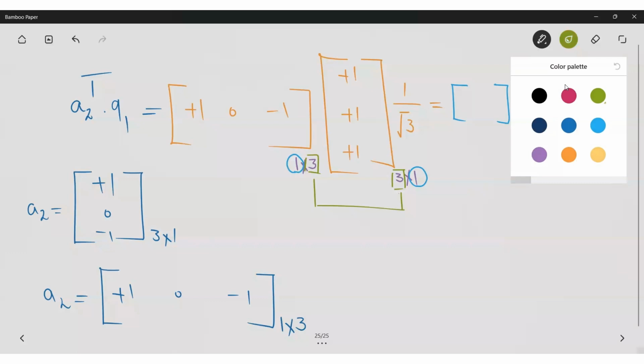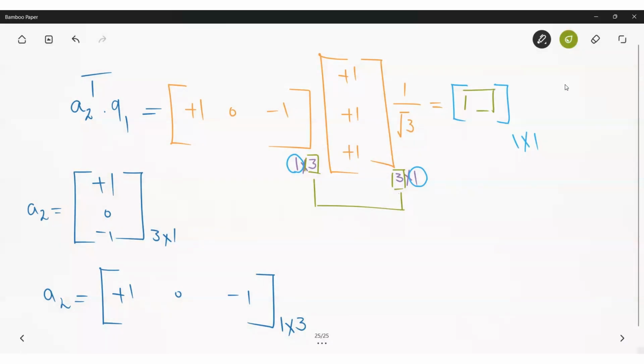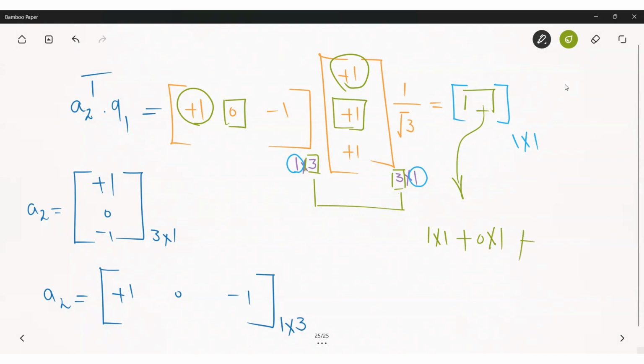In order to find the answer, I'm just going to write it here. I'm going to multiply this one by this one: 1 times 1, plus this one by this one: 0 times 1, plus this one by this one: minus 1 times 1.